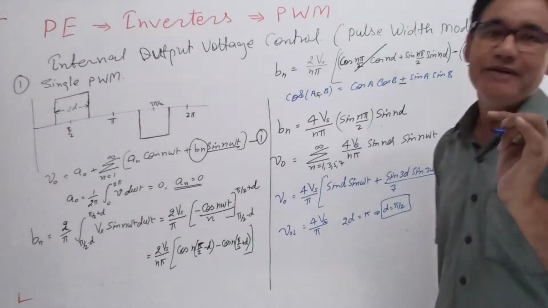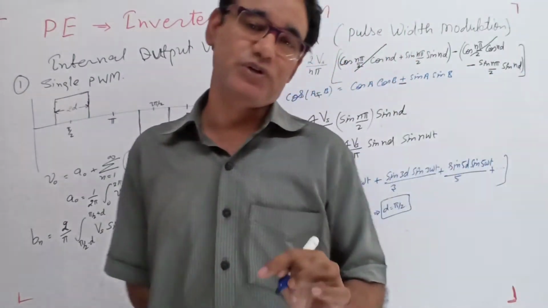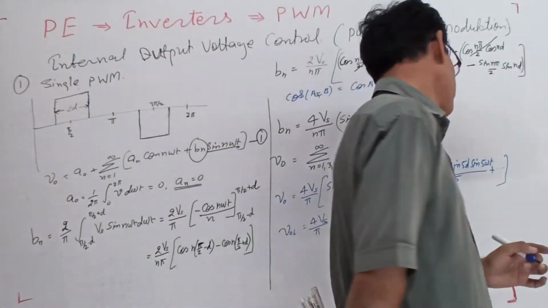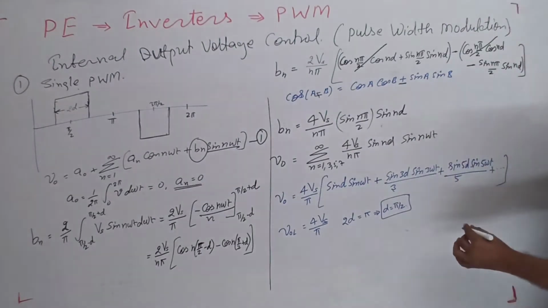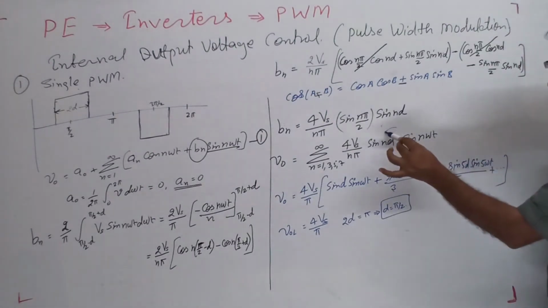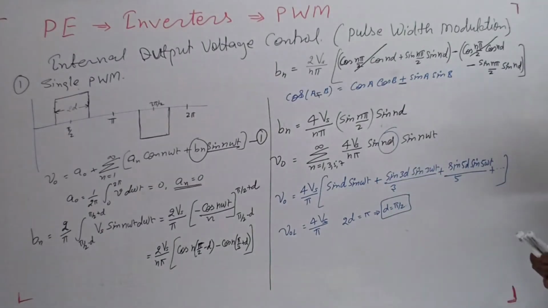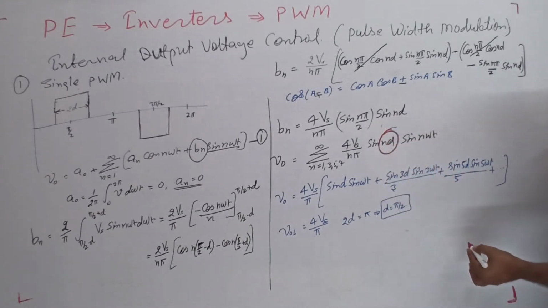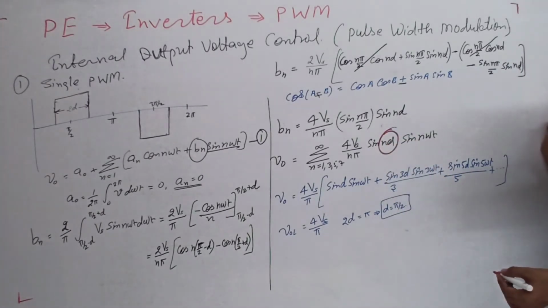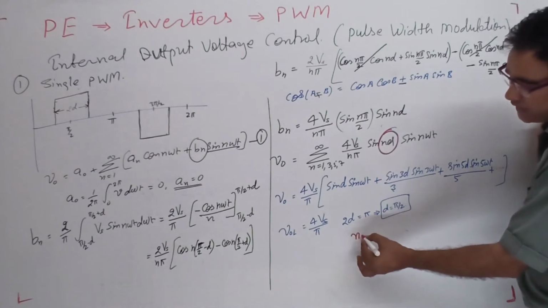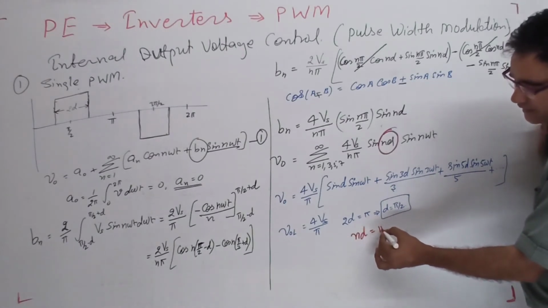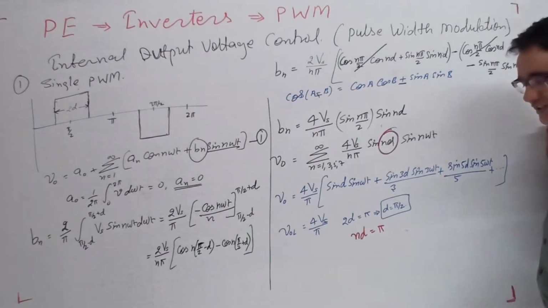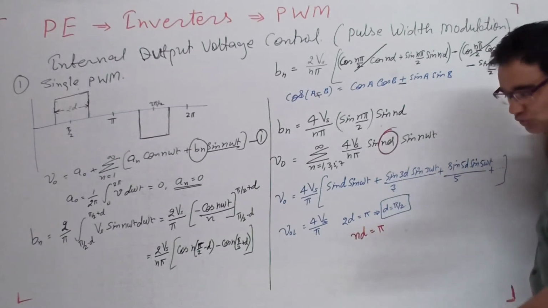Suppose that we want to eliminate the third harmonic from the output. We can eliminate any harmonic, the nth harmonic, from the output. If you want to eliminate any particular harmonic, then this is the factor that helps. We put nd equal to pi, since sin pi is always 0 and that component becomes 0.